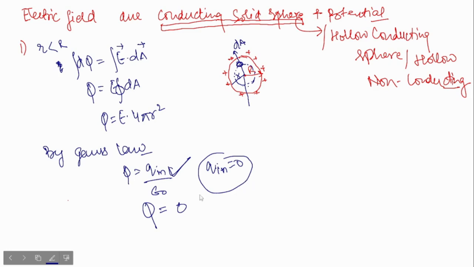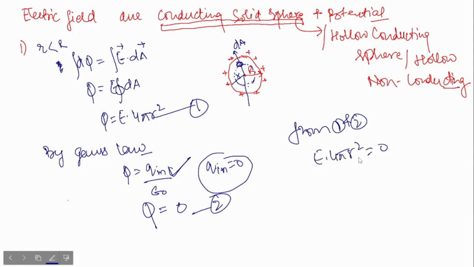This is equation 2 and this is equation 1. From 2 and 1, you get E into 4 pi r square is equal to 0. Since 4 pi and r square cannot be 0, the electric field is 0 inside the conducting solid sphere.